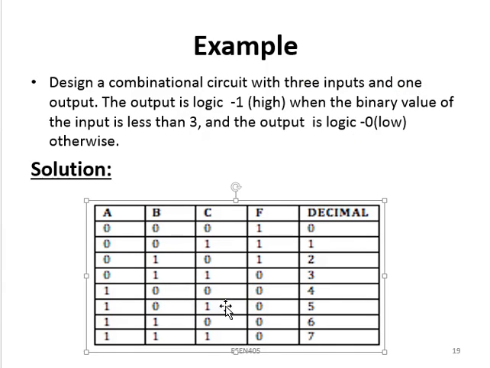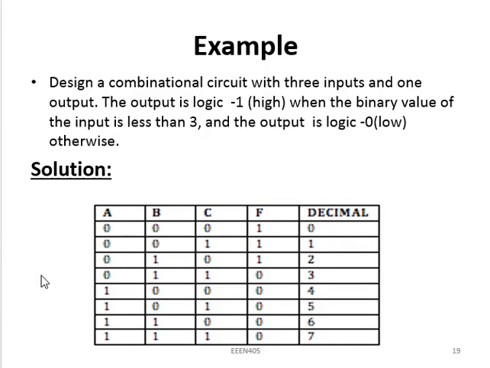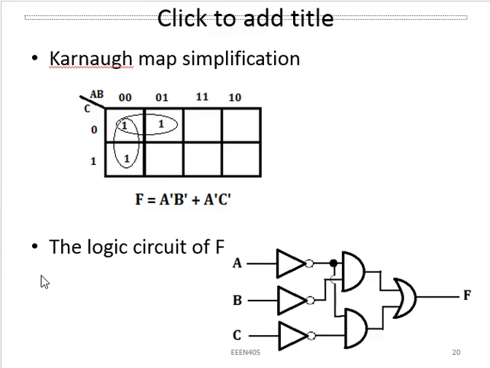Now we should use this truth table to obtain our Boolean function using Karnaugh map simplification. If you remember, we only consider those values of F where we have ones. So here I have 1 when my combination is 0 0 0, here I have 1 when I have 0 0 1, and here I have 1 when I have 0 1 0. So using these 3 values, I draw my Karnaugh map.